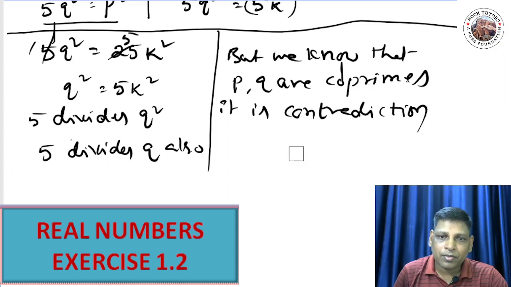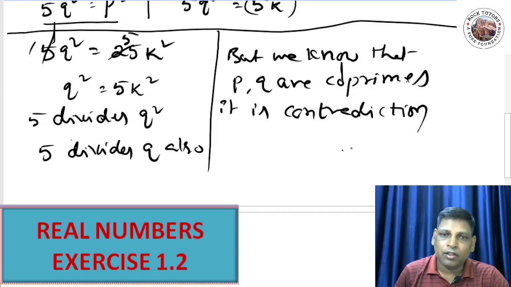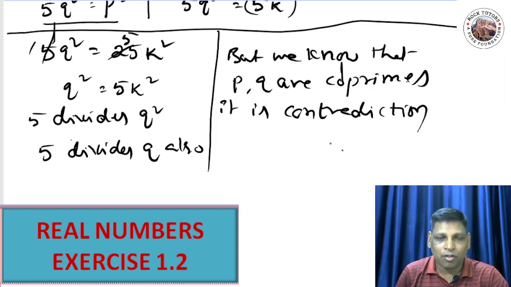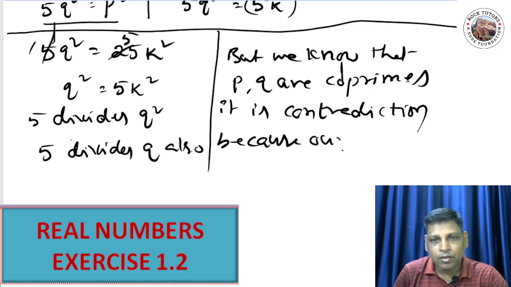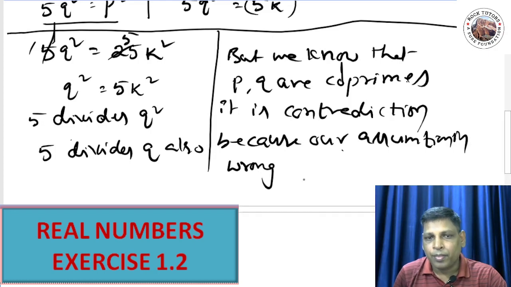Because our assumption is wrong. Therefore, we can say that root 5 is an irrational number.